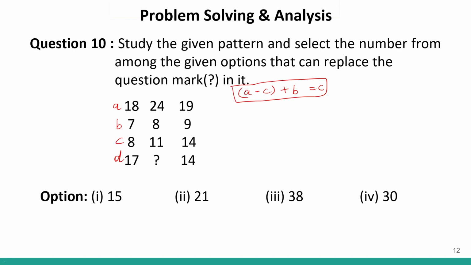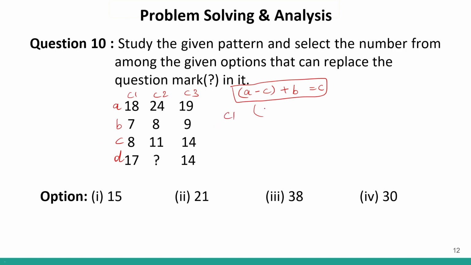Now let us check if it is true. We are going column wise. This is row 1, row 2, row 3 and row 4. Column 1, column 2, column 3. So column 1.